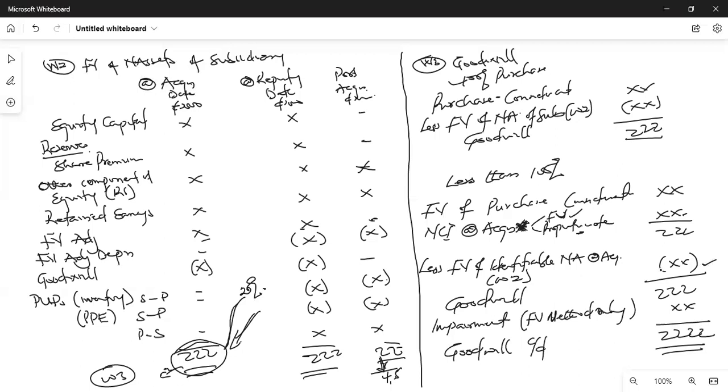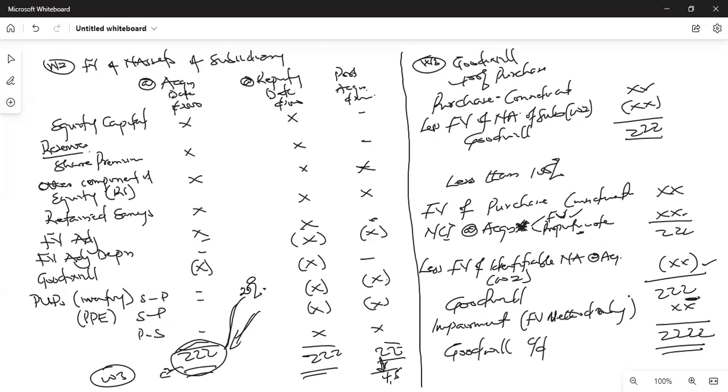Now, what that will bring is that the goodwill that you have computed here is actually in proportion to what you are acquiring, all right? And therefore, you may be given an attributable goodwill for the NCI. So what you will work for is the goodwill for your purchase, okay?